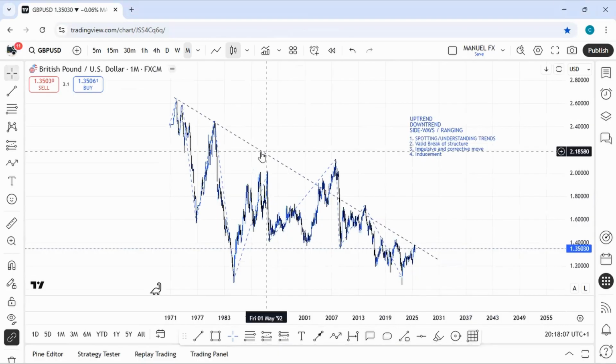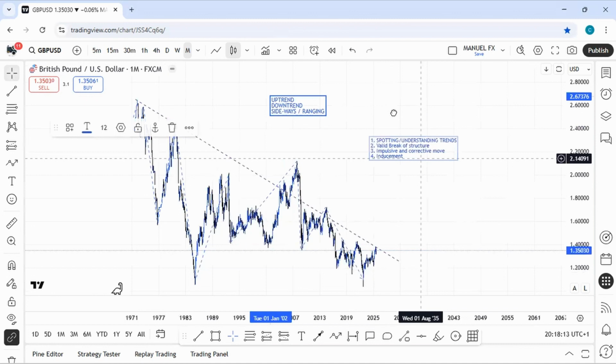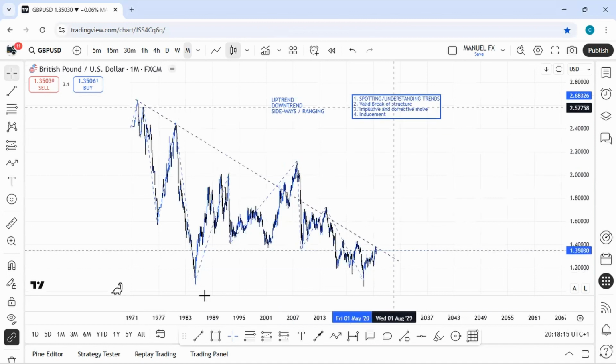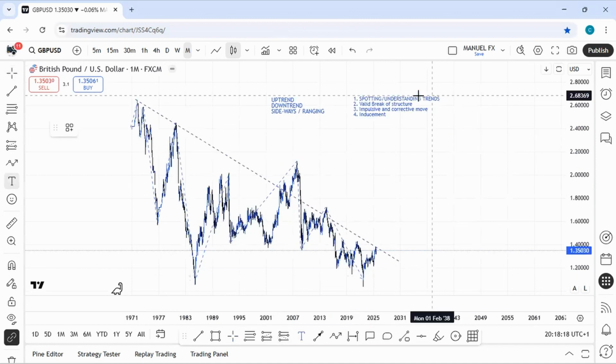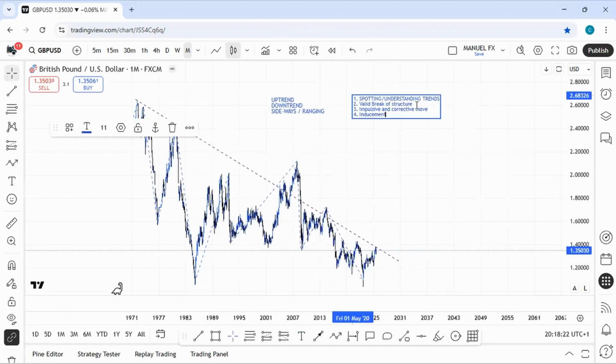Now we want to find the last swing point. We're going to be looking for the previous swing point. I made mention of this in the last class.